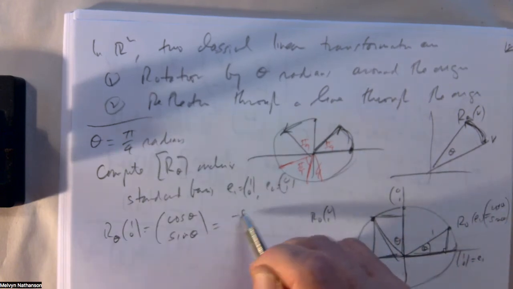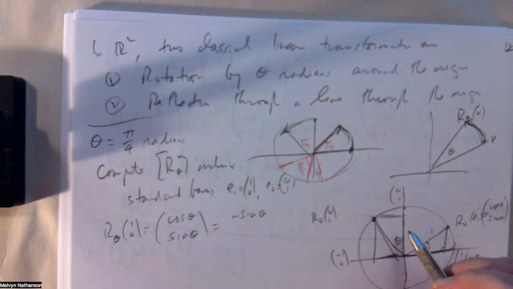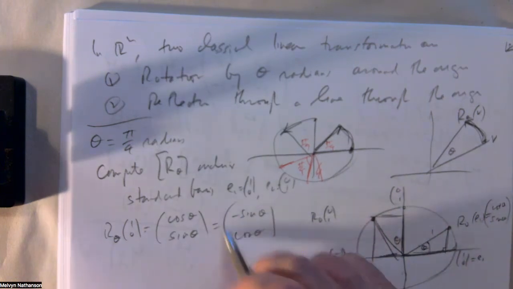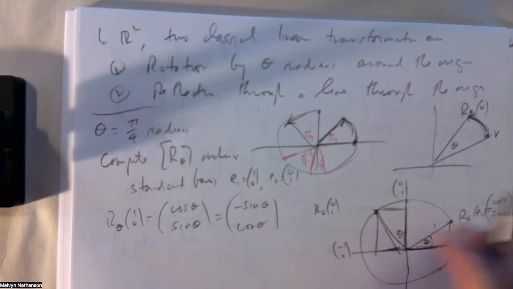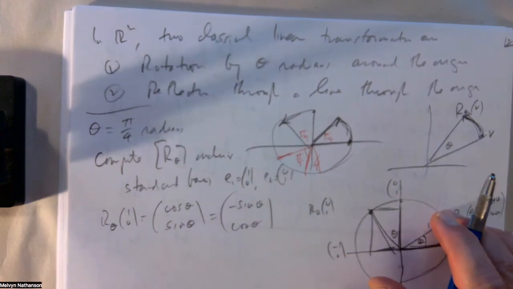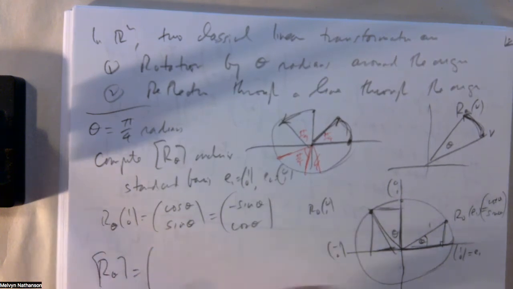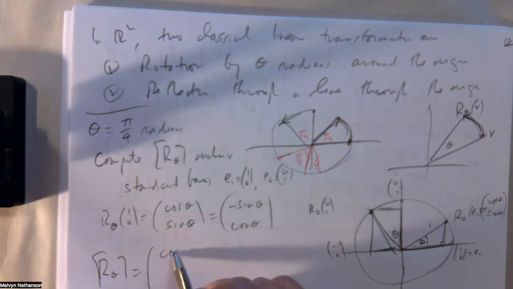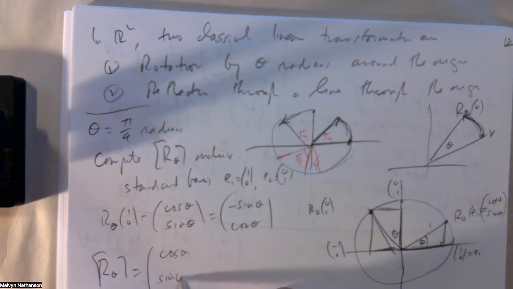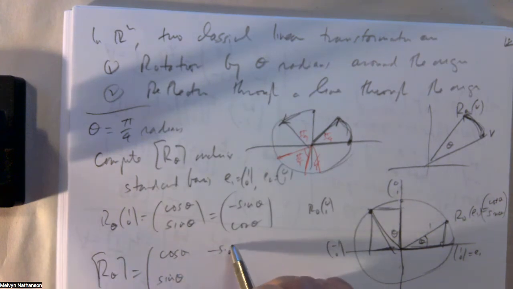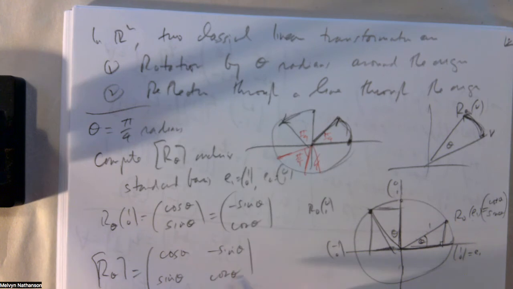This is minus sine of theta. And the y coordinate is the cosine of theta. So the matrix for a rotation by an angle theta is cosine theta, sine theta, minus sine theta, cosine theta.